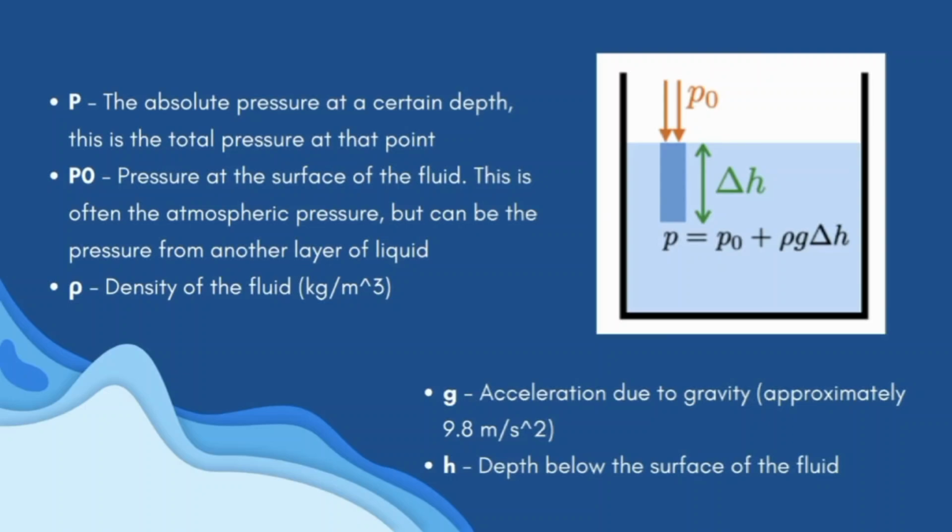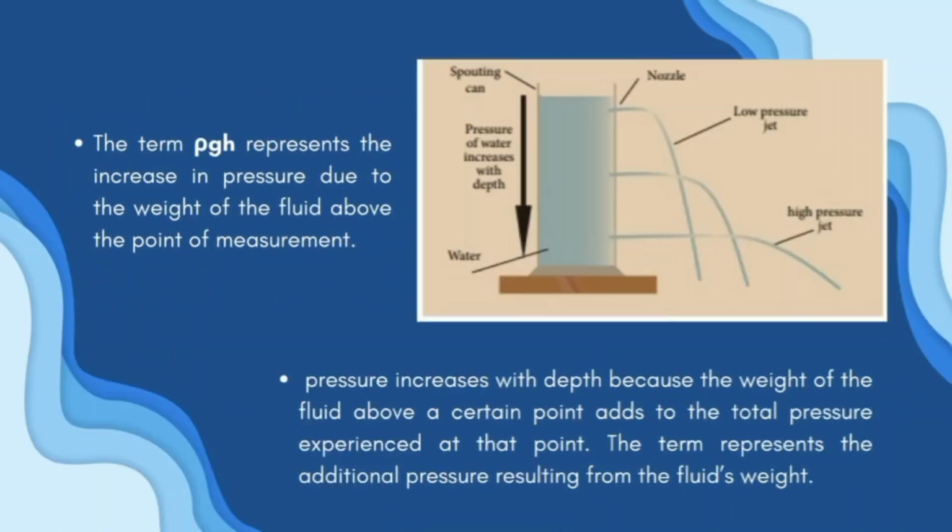Rho stands for the density of the fluid, mass per unit volume or kilogram per cubic meter, representing how heavy the fluid is for a given space. g stands for the acceleration due to gravity, approximately 9.8 meters per second squared on Earth. And H stands for the depth below the surface, the vertical distance from the fluid surface to the point of measurement. The term rho gH represents the extra pressure caused by the weight of the fluid above that point.